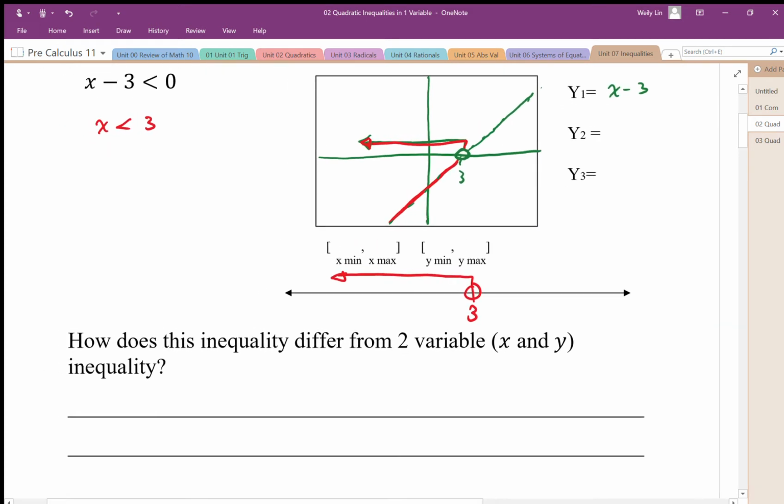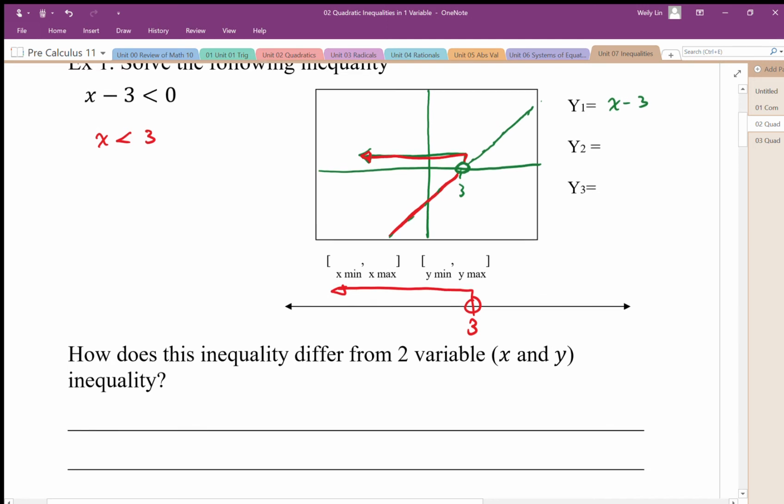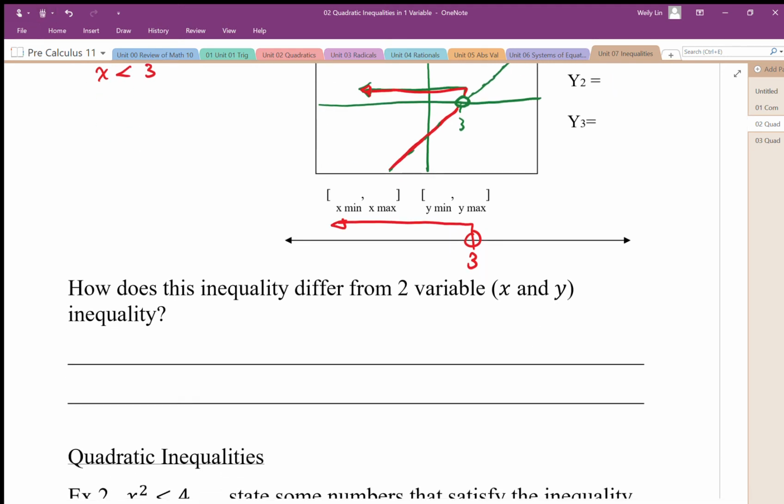So how does this inequality differ from a two-variable xy inequality? Well, although I graph this line in 2 dimensions, and I'm using the two-dimensional line to help me solve this, it differs from an xy inequality in that the solution is one-dimensional.